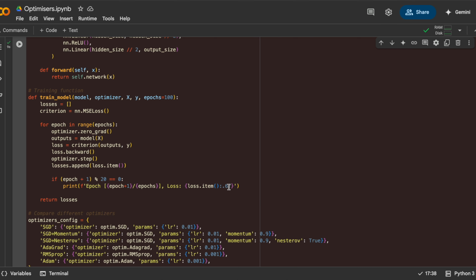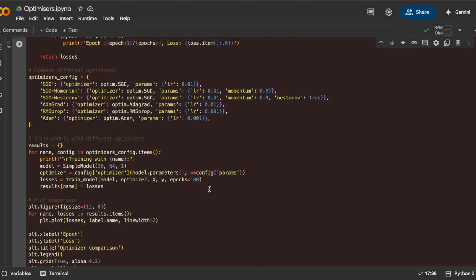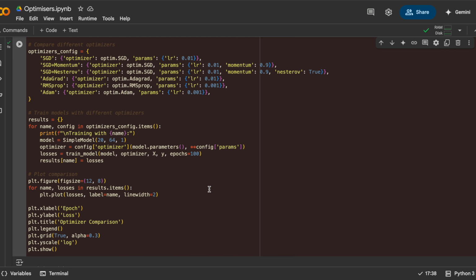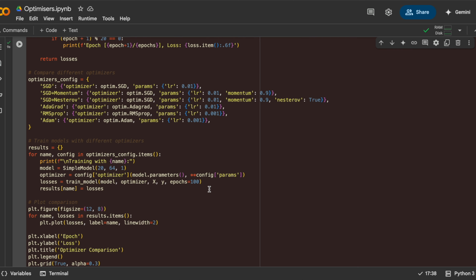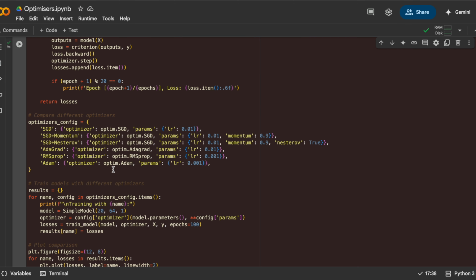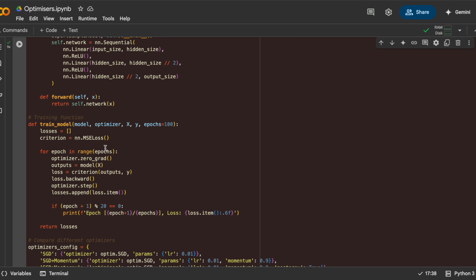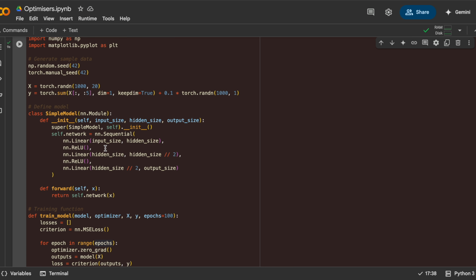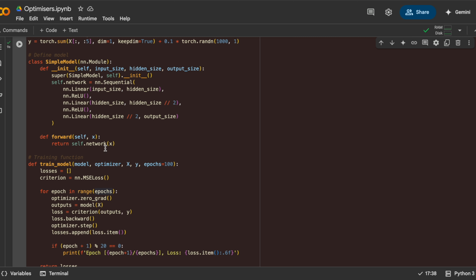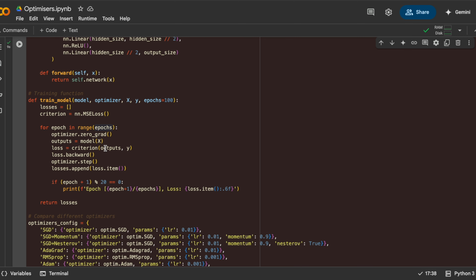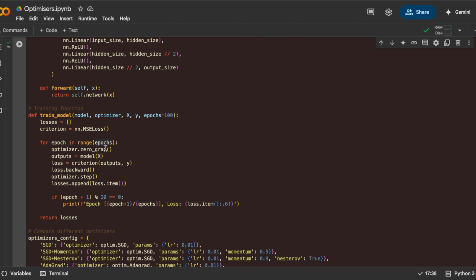Into the model, just going into the model, and here they have passed it.